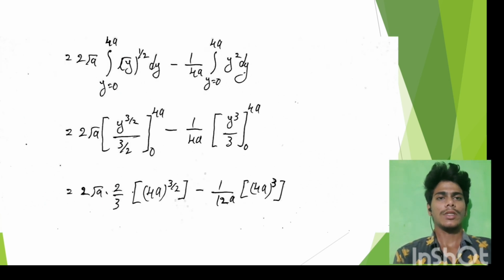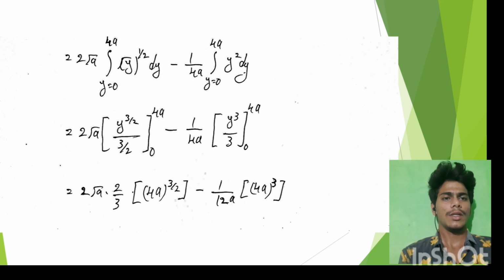We take the constants outside: 2 root a into integral y equals 0 to 4a y whole power 1 by 2 dy minus 1 by 4a integral y equals 0 to 4a y square dy. That gives 2 root a into y power 3 by 2 by 3 by 2 in limits 0 to 4a, minus 1 by 4a into y cube by 3 in limits 0 to 4a.